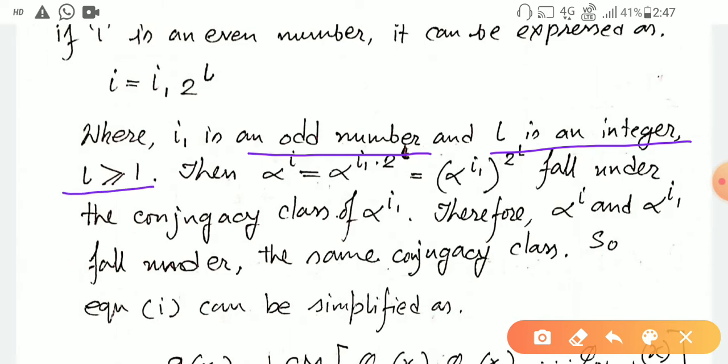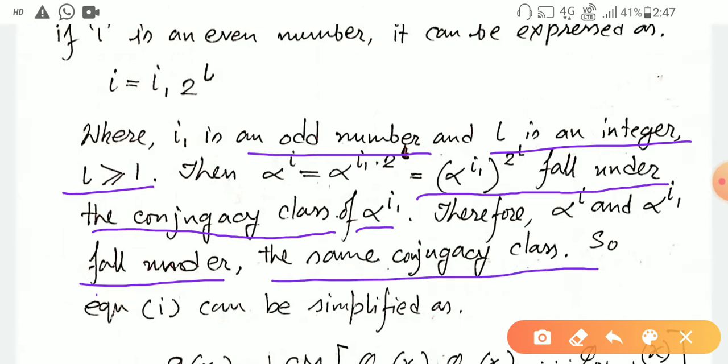Then alpha to the power of i equals alpha to the power of i1 into 2 to the power of l. So this falls under the conjugacy class of alpha to the power of i1. Therefore, alpha to the power of i and alpha to the power of i1 fall under the same conjugacy class.